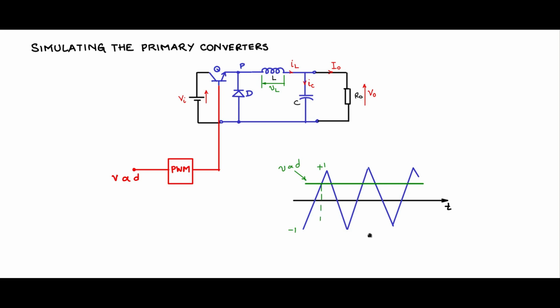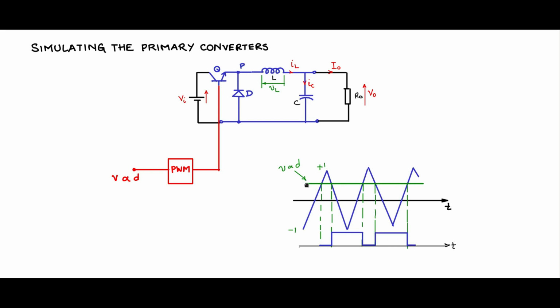Then you will see that after comparison of these two voltage signals, the output that you will get will be something like this. At this comparison point, you will see that the control voltage proportional to duty cycle is higher, so we will have a high there, and then here the control voltage is lower than the triangle, and here it's higher than the triangle, and so on.